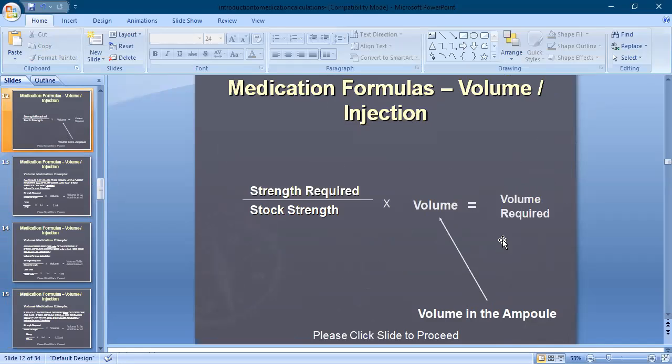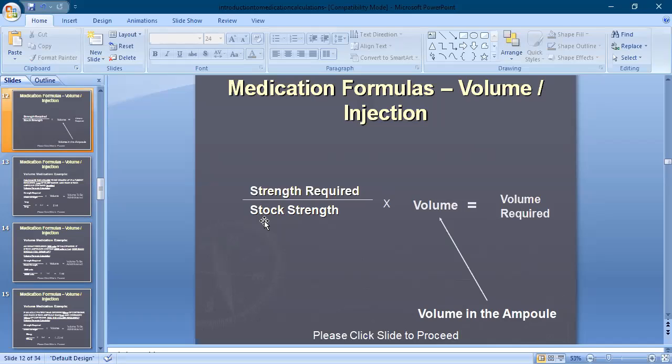The volume equals the total medication I need to administer to the patient, the strength required, meaning the doctor's prescription or prescribed medication, divided by the strength, meaning the medication in your hand, which the pharmacy gave you, the RN. Like if I have a fever, the doctor gave me 800 Tylenol, but you have a 500 tablet in your hand, right?